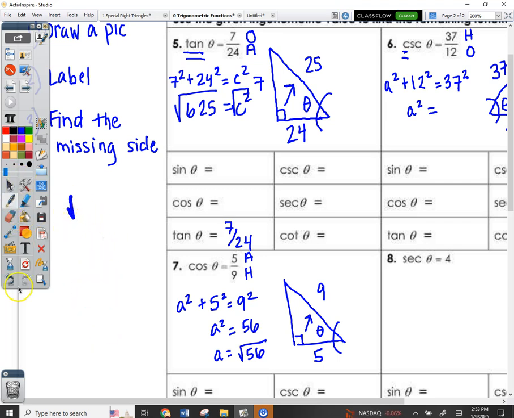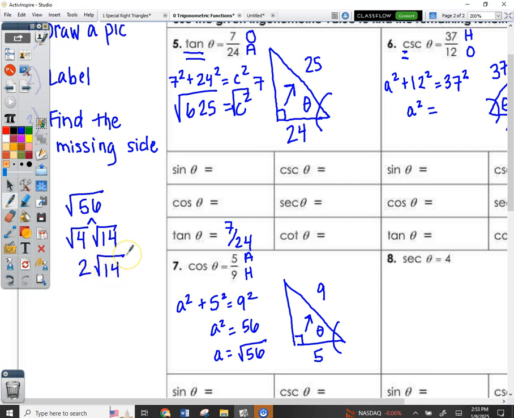Root 56, factor tree it down. You want the first number to be the perfect square and then whatever's left over. So we said 4 goes into it. How many times? 14. This one needs to be your perfect square because this one's going to keep going. The square root of 4 is 2. This comes down.